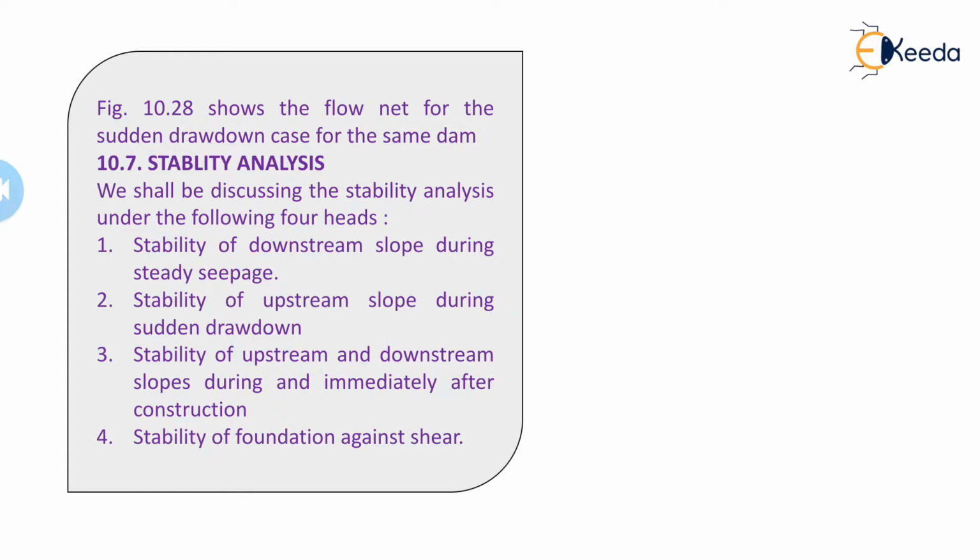By using that equation and referring to that method, we can apply slope stability analysis to the downstream slope, the upstream slope, and the foundation to protect it against shear. So let's study the Swedish circle method, which is very important, and in the university question paper this question will be asked for 10 marks.